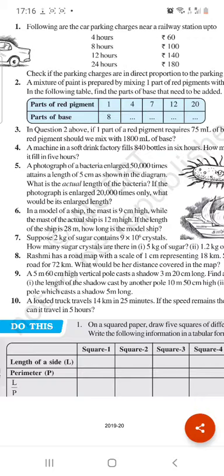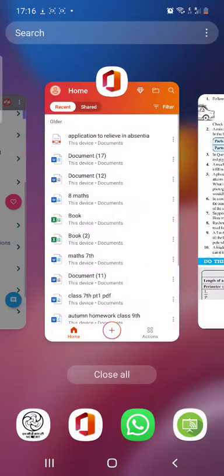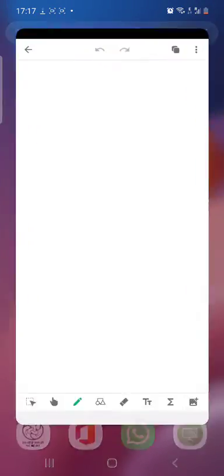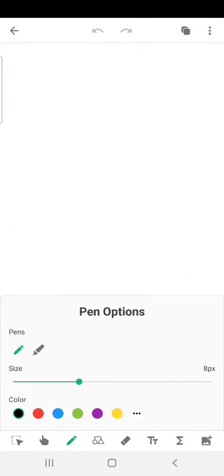First of all, we have to understand that in this question we are talking about two things. The first thing is the enlargement done, and the second thing is the length of the bacteria. So to start this question, we will make a table, and here I am writing the enlargement.